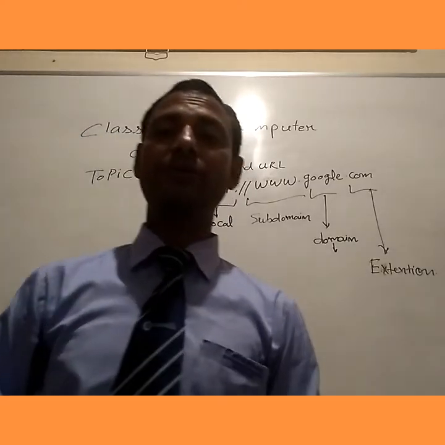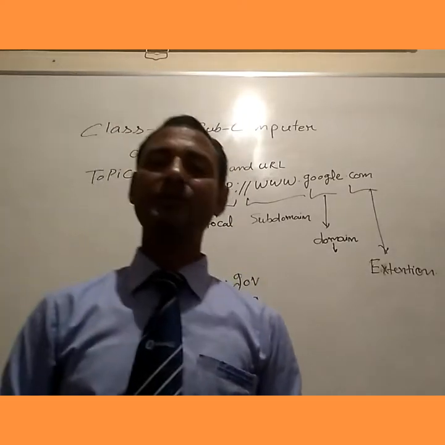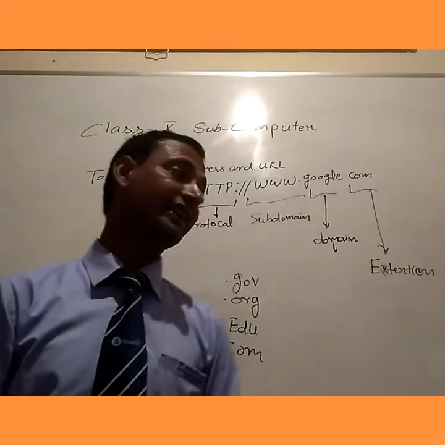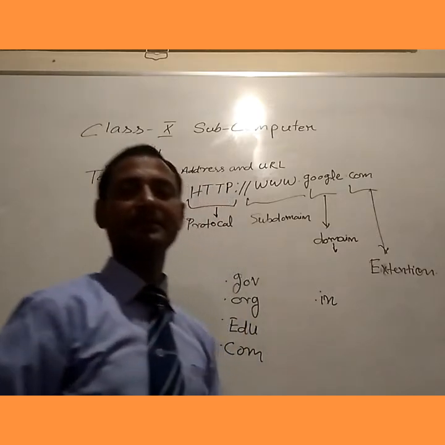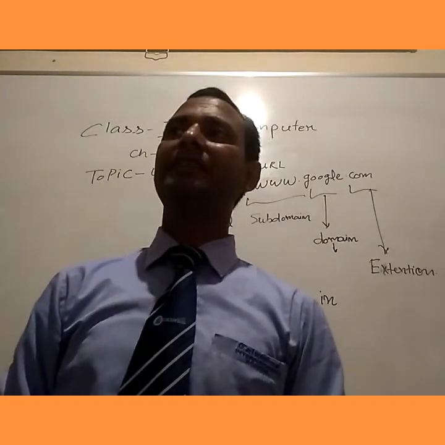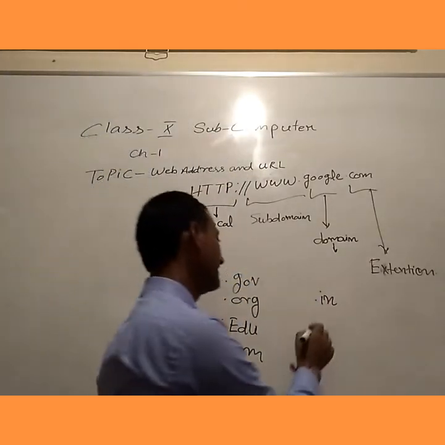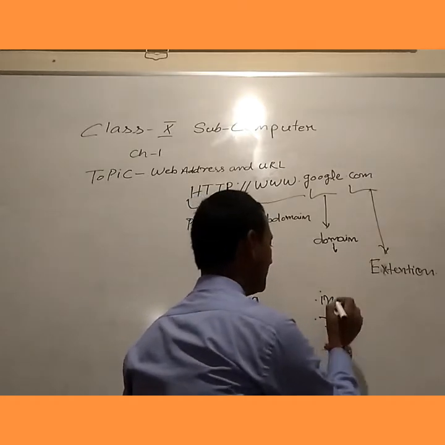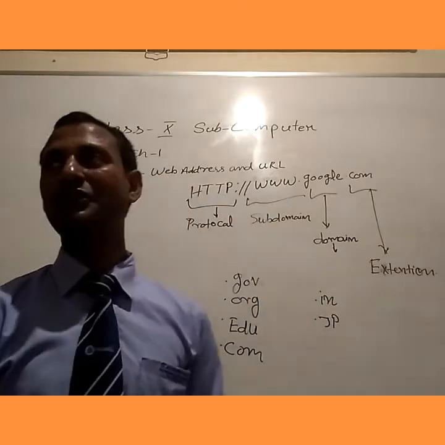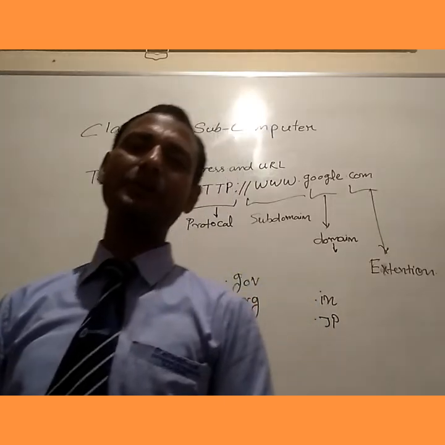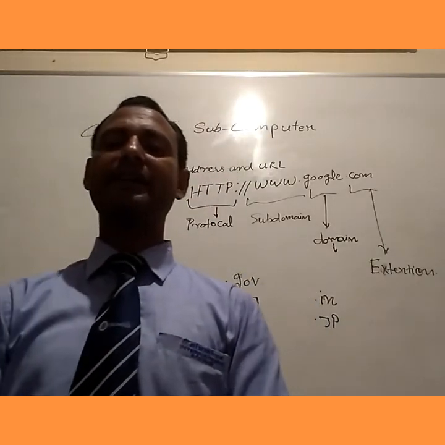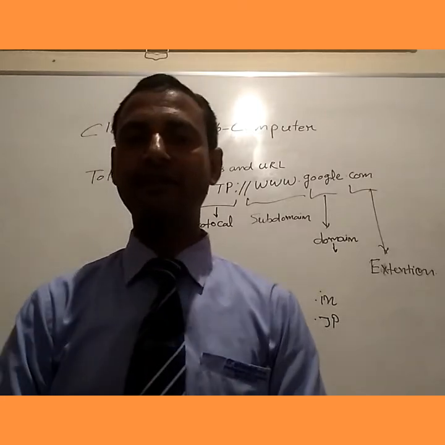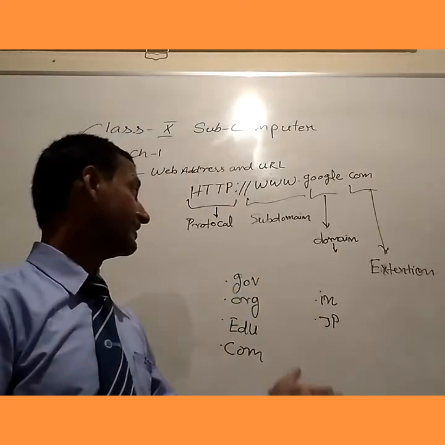Sometimes we use extensions for websites that belong to countries, like .in. .in means Indian website. Like we use .jp for Japan, .au for Australia, .uk for United Kingdom. So different countries use different extensions on behalf of their countries.